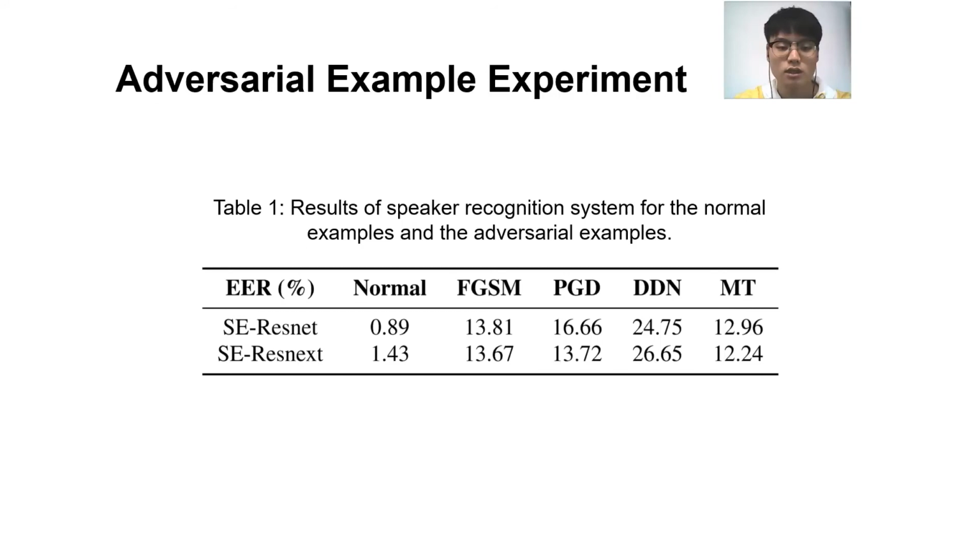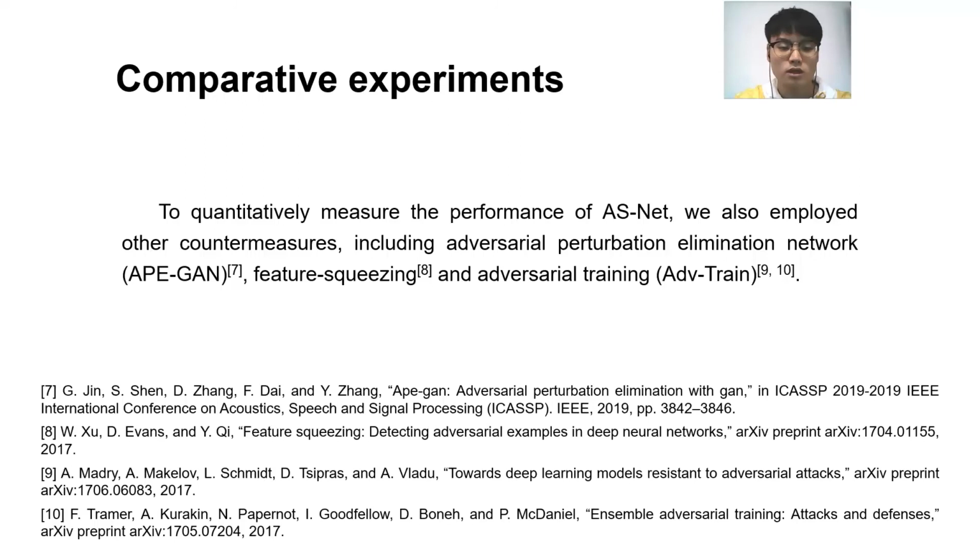The results indicated that speaker recognition systems were vulnerable when attacked by adversarial examples. To systematically measure the performance of ASNet, we also employed other countermeasures, including adversarial perturbation elimination network, feature squeezing, and adversarial training.